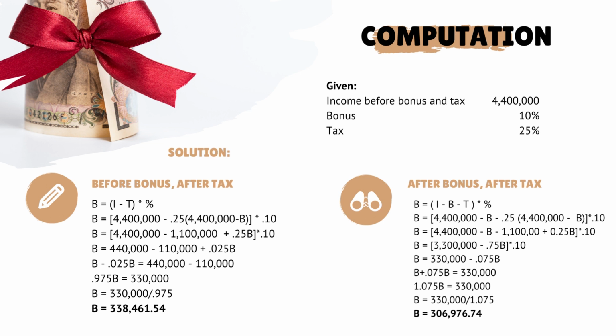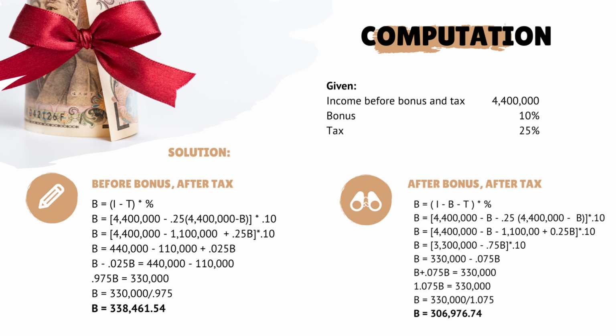So you can do it one by one, or you can do it all at once. 4,400,000 minus 1,100,000, that's 3.3 million. Then you multiply it by 0.10, which is what we used on the other side. But we will discuss that later. So again, it's basic algebra, and then you will come up with this amount.